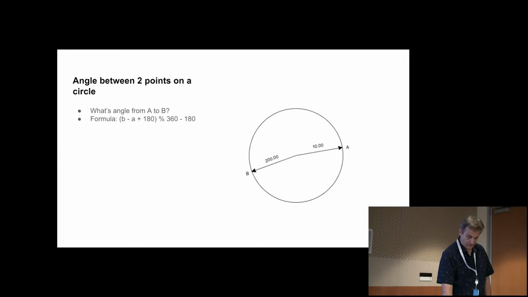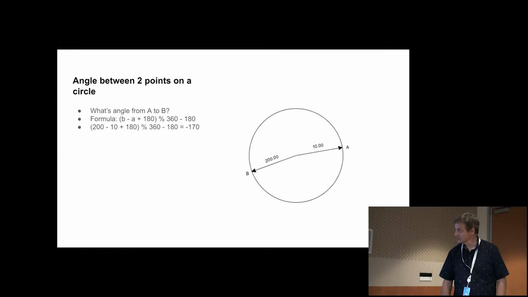So there's a nice formula. B is the target angle, A is the starting angle. We take B minus A, add 180, modulo 360, and then we subtract 180. And that should give us, with these numbers, minus 170 degrees.